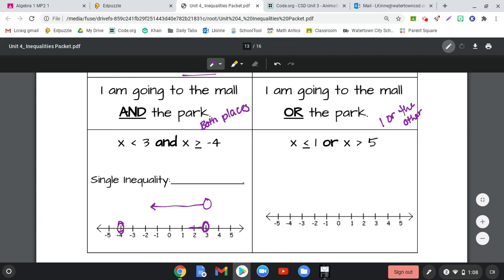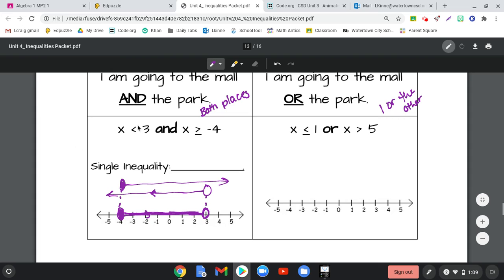So closed circle at -4, and I'm shading this way. So basically, you're looking at everything in between there. So it's like what we were doing before. All your x's have to fall between -4 and 3. If I say the number has to be less than 3, and it also has to be greater than -4, it has to fit both descriptions.